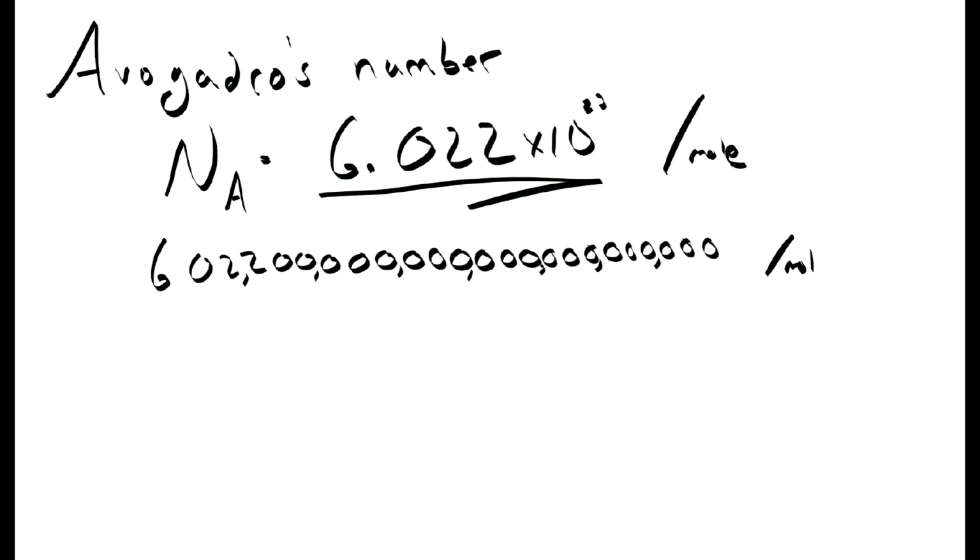Let's see, hundreds, thousands, millions, billions, trillions, quadrillions, quintillions, sextillions. So 602 sextillion, 200 quintillion atoms per mole, or molecules per mole, or ions per mole, or what have you.